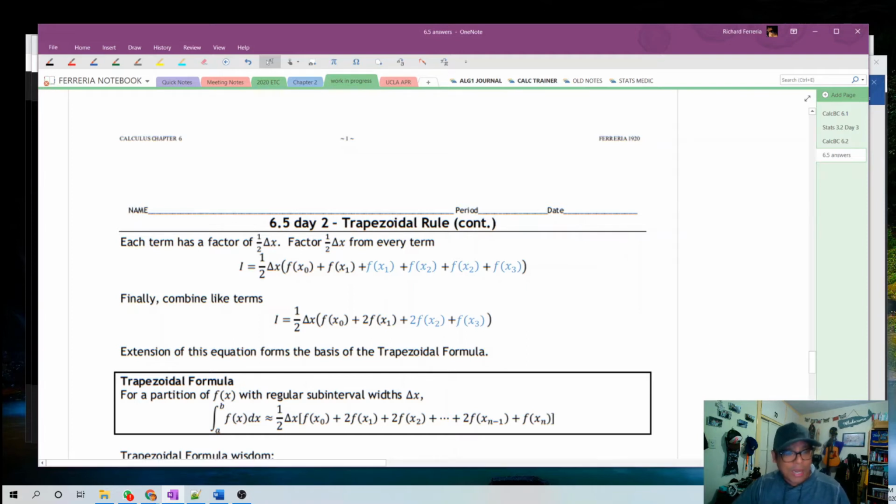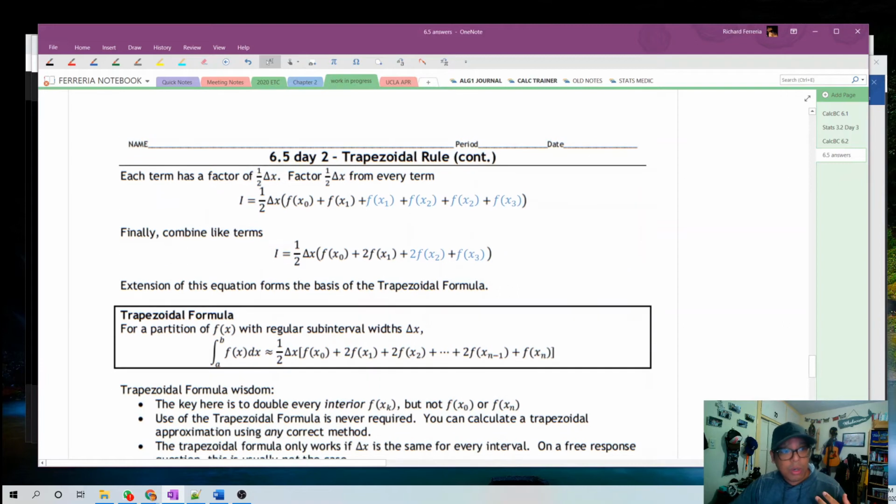So that means that through induction, we've built this trapezoidal formula where as long as all the delta x's are the same, we can just do the 1/2 delta x multiplied by the sum of the first f of x naught plus double all of everything else except for the very last one, f of xn.